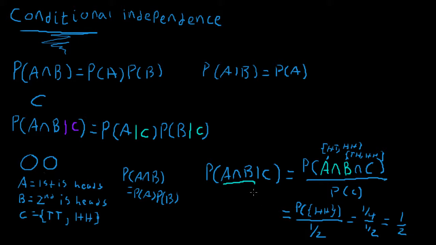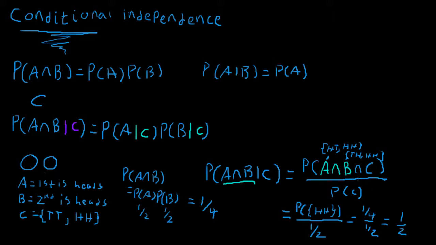However, over here, what do we have? This is a half, because the probability that the first coin is heads is a half, and this is a half. And so this is 1/4. So what have we shown?